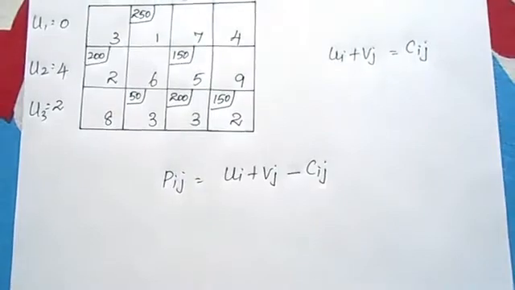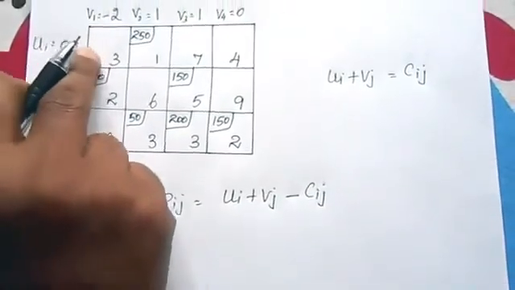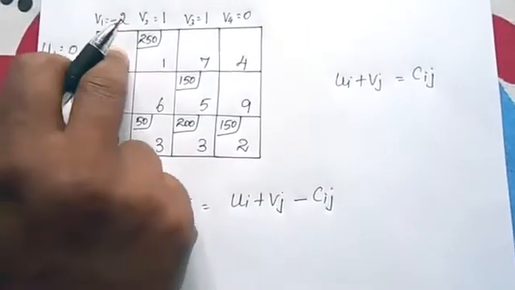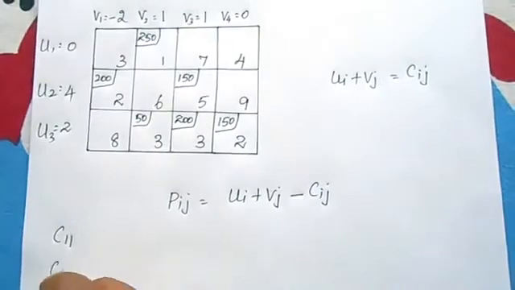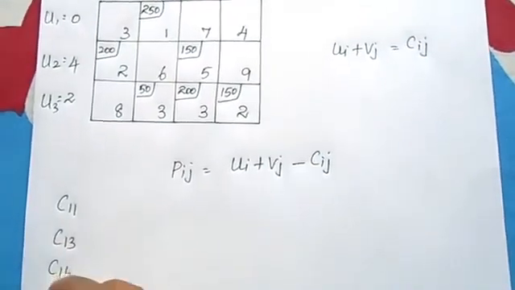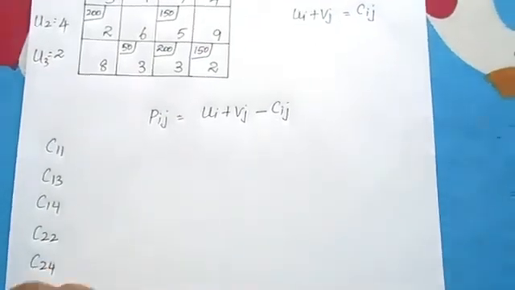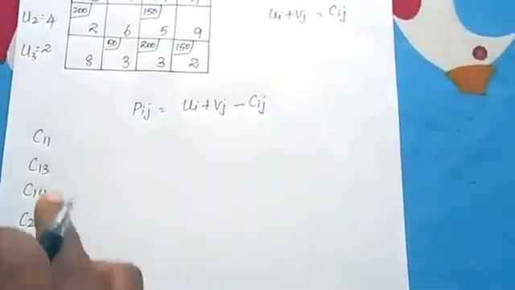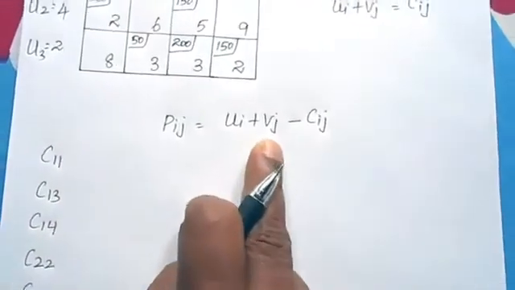So now we have to write the unallocated cell codes. The first unallocated cell is C11, then C13, C14, then C22, C24, C31. So these are all unallocated cells. Now just apply the formula.